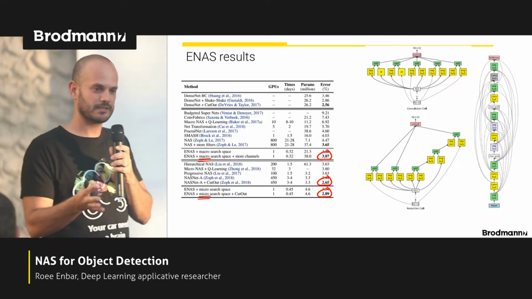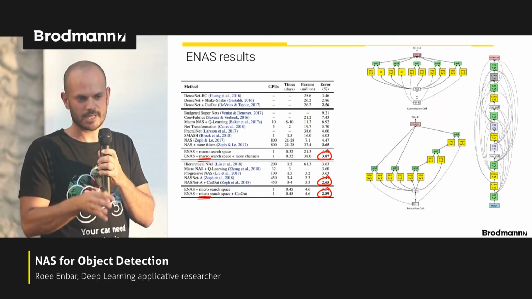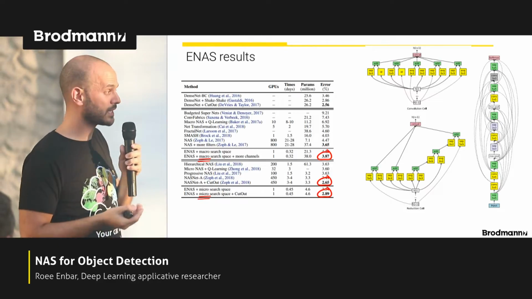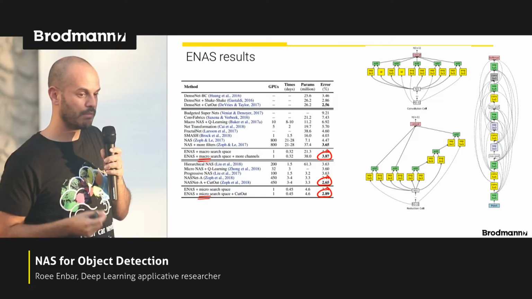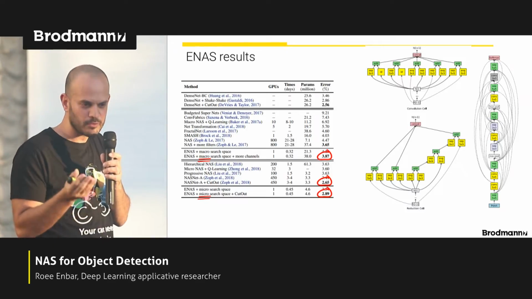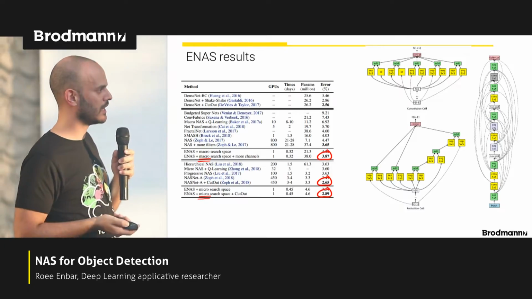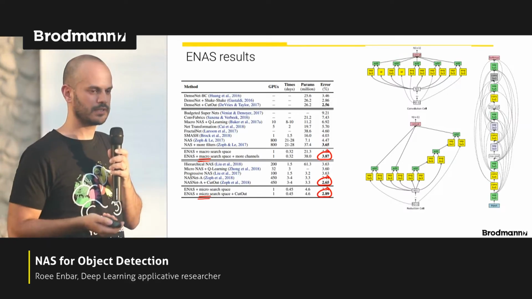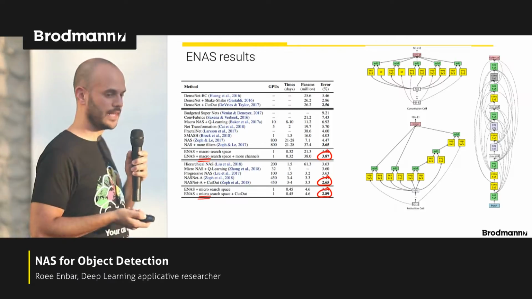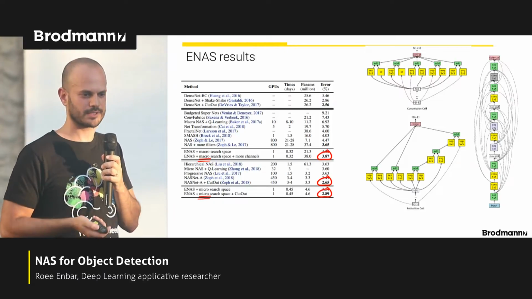So they got a better result with the cell structure. You can see that they have almost the same results as the original NASNet, but they have, I think, 3 or even 4 orders of magnitude less computation time, right? So instead of thousands of hours, they used only 1 GPU for 16 hours.